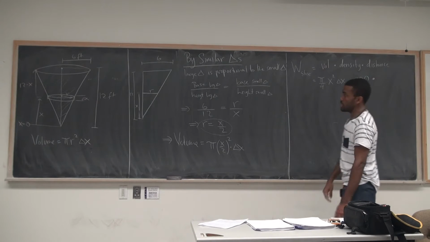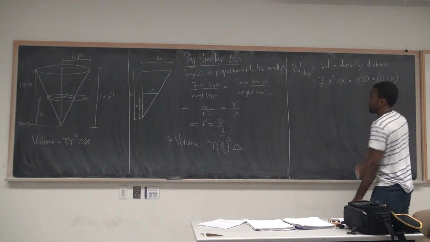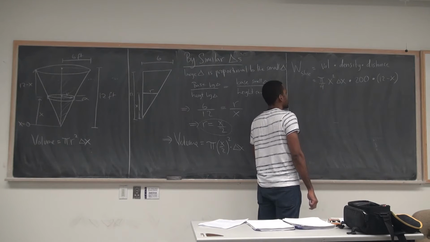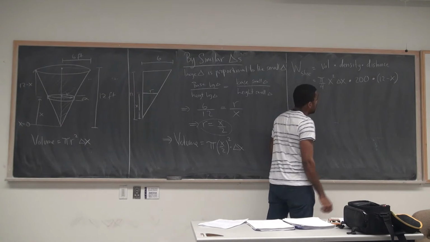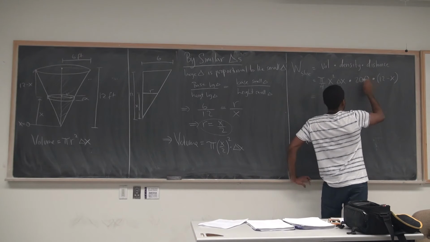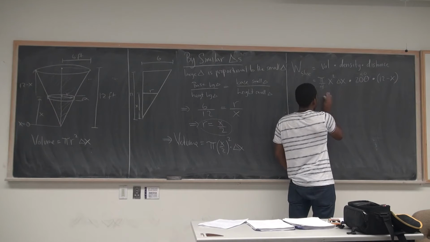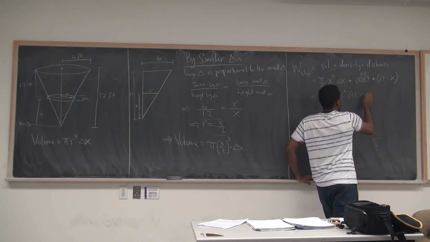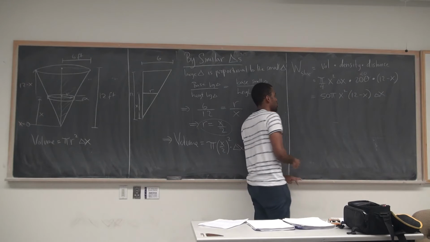And the distance that this thing has to travel is 12 minus x. So this is 4 into 200, 50 times. So I can write this as 50 pi x squared times 12 minus x delta x. That's the work to move one slice.